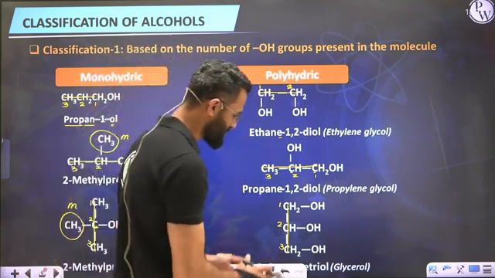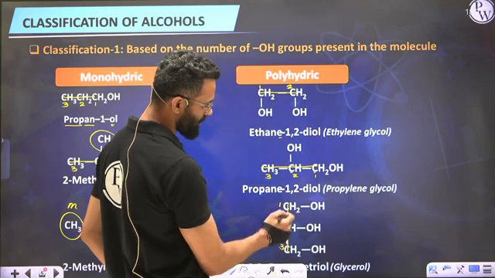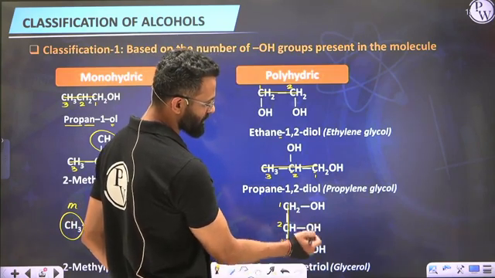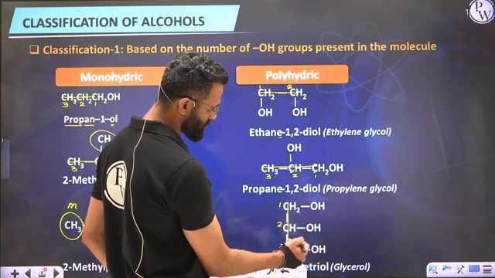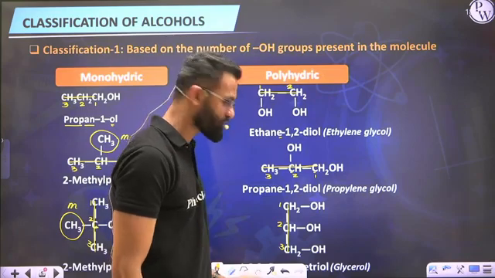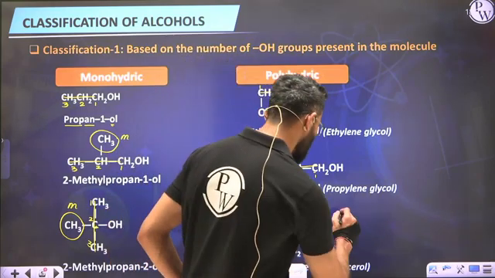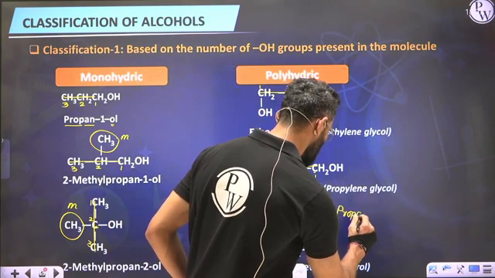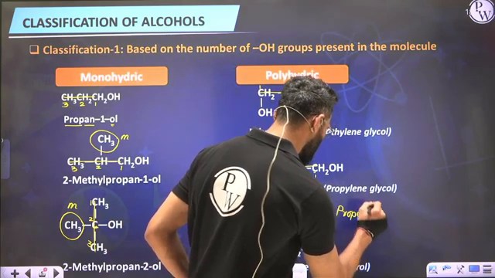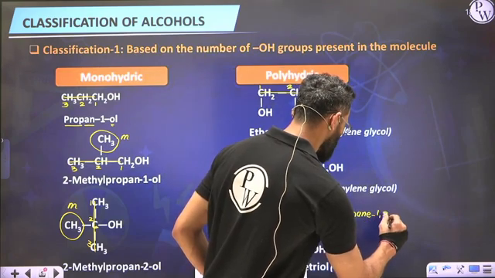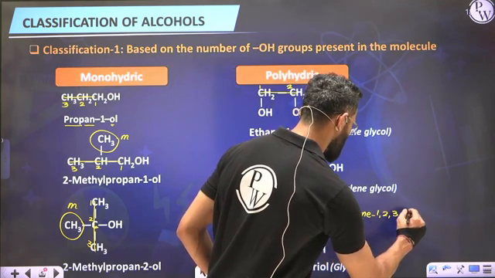So with this, 3 carbons meaning prop, carbon-carbon single bond ane, and triol, 3 OHs meaning triol at the locants 1, 2, 3. So you will say this is propane-1,2,3-triol. I'll write it down here. Propane, I am retaining e, 1,2,3 hyphen triol.